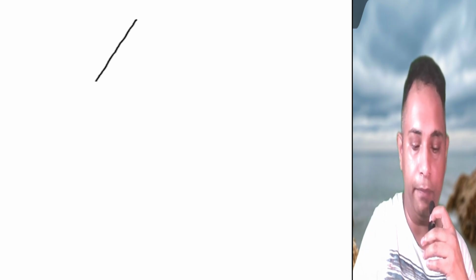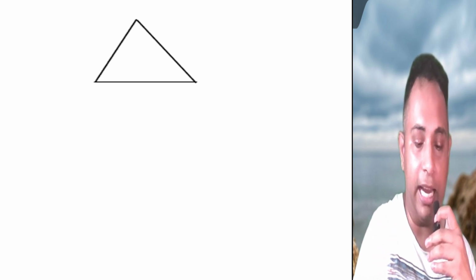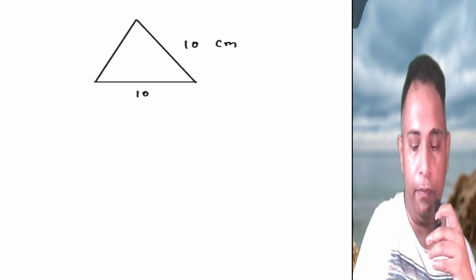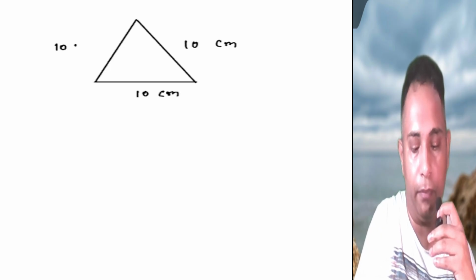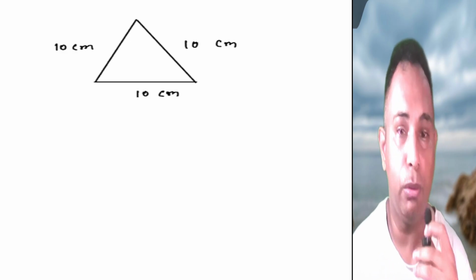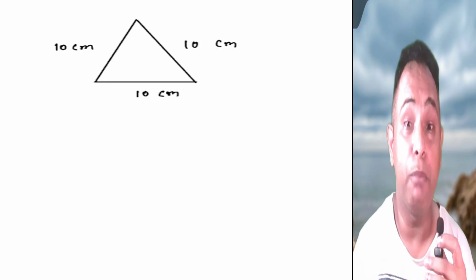Let us suppose that the sides of this equilateral triangle are 10 centimeter. Our aim is to derive the area of this particular equilateral triangle by both methods.